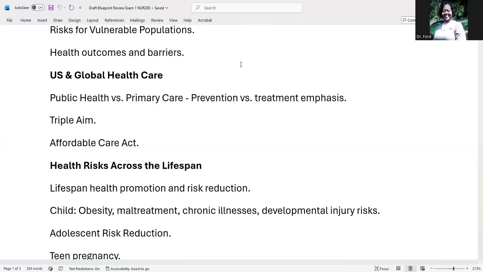Now there are some disease processes where you don't have to be 65 and you still qualify for Medicare. End-stage renal disease is one that comes to mind. So a person could be less than 65 and have Medicare because they have that end-stage renal disease. But traditionally, it is that person that is 65 and older.